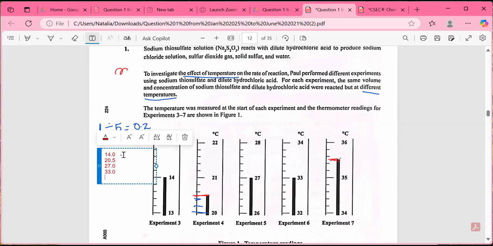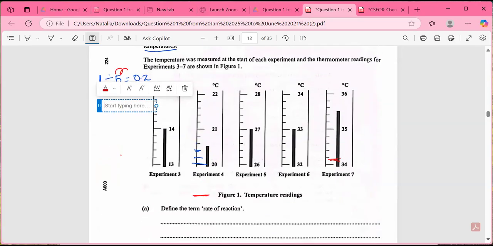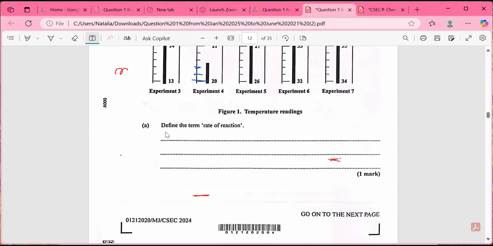Next one. 35.5. Everybody see we got 35.5. That's why we need to work out the value of each small box. We can't take it for granted that we know. All right, so there are the temperature readings. We read them off. Now it says define the term rates of reaction. What's the rates of reaction?